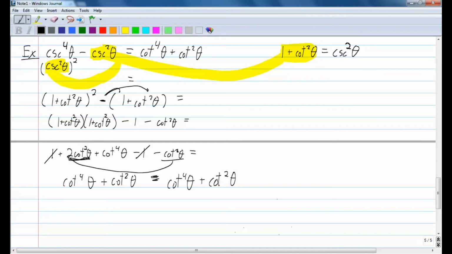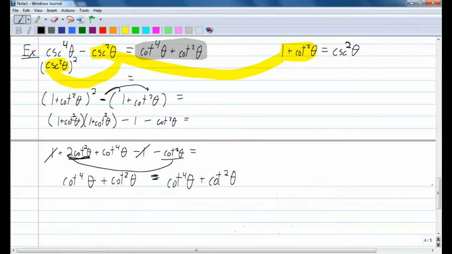Well, that's when you know that either 1, you've made a mistake, or 2, you're not going in the right direction. Alright, so keep that in mind. You always want to see your goal or what you're shooting for. You always want to look at that and kind of act as a guide for you. Whatever your identity is equal to, that's what you want to work towards. And it's easy to make a mistake. Just one little small mistake and then your whole problem is shot.